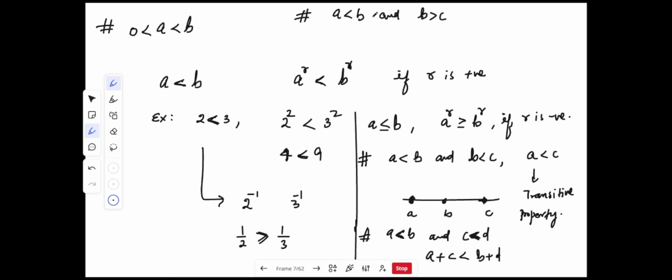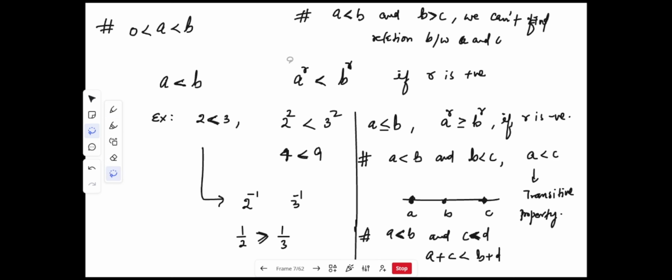If a is less than b and b is greater than c, the inequalities are not of the same sign, so we can't find any relation between a and c. Let's see why we can't find a relation between a and c.